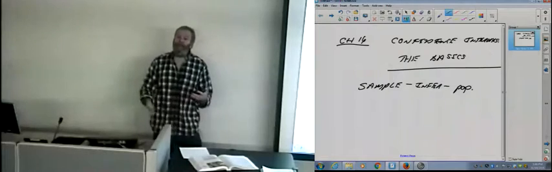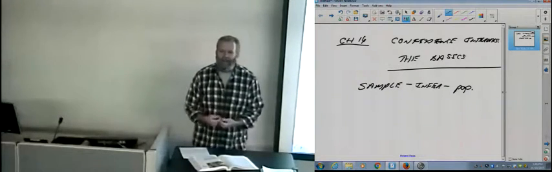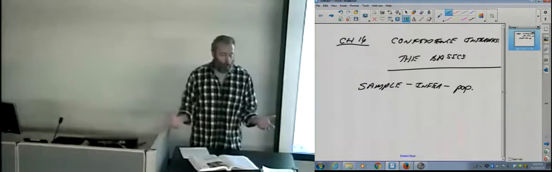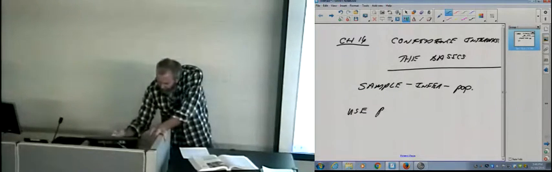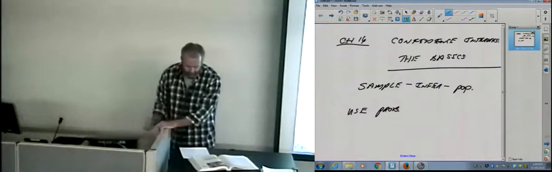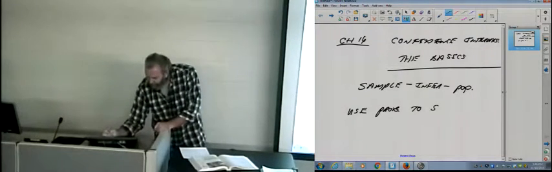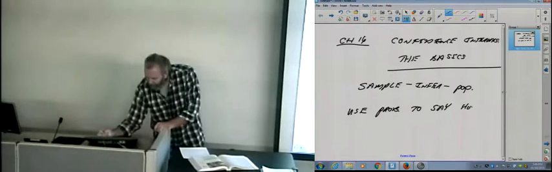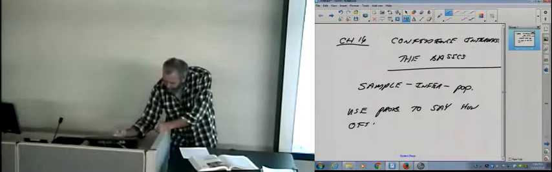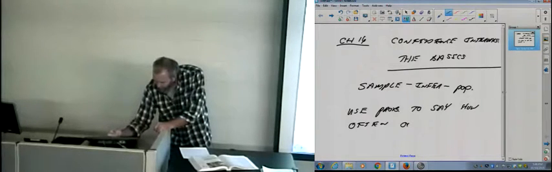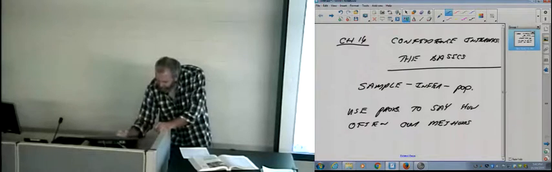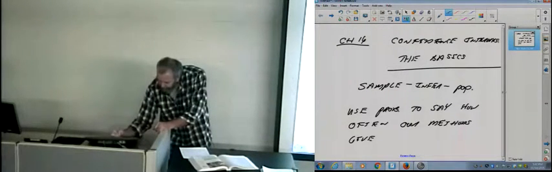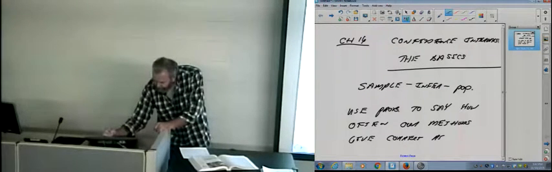Because of that, we cannot guarantee our results. In other words, I can't tell you whether I'm right or wrong. What we do is we use probability to say how often our methods give correct results.